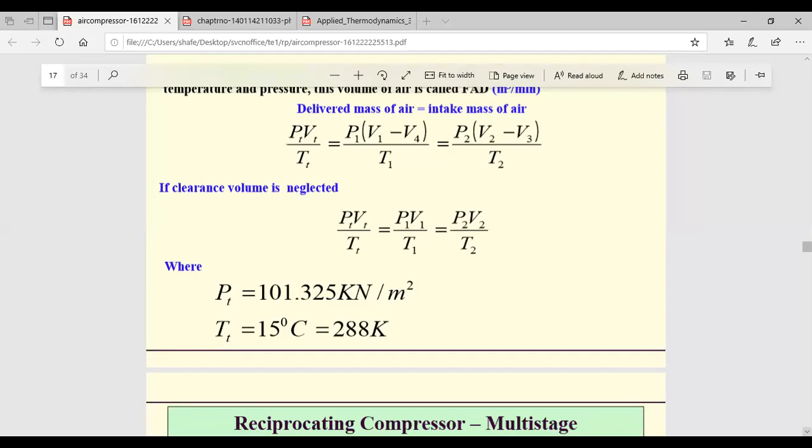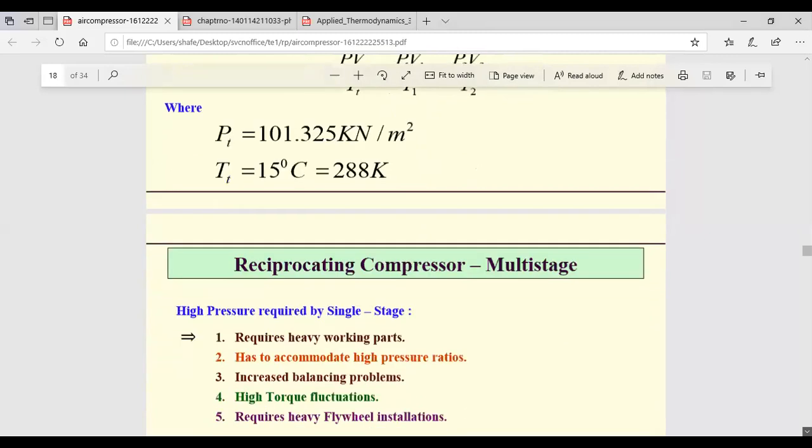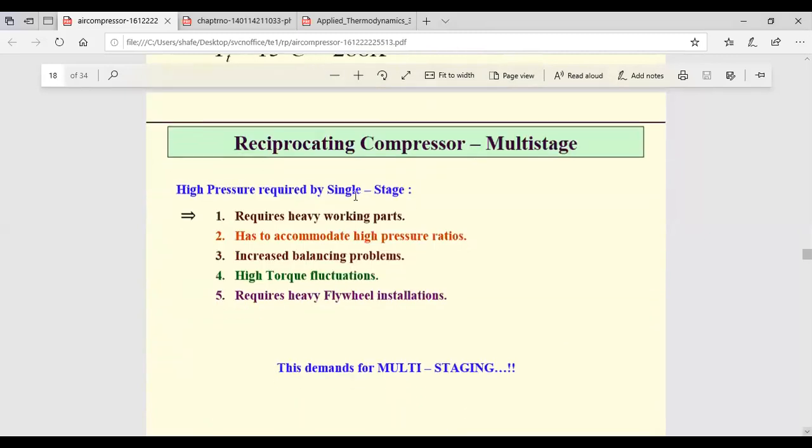Now we have one more very, very important concept, which is called the multi-stage compressor. So what is a multi-stage compressor? Assume that I'll be compressing air in a compressor from a pressure of 1 bar to 10 bar. What will happen if the entire pressure rise takes place in only a single-stage compressor?